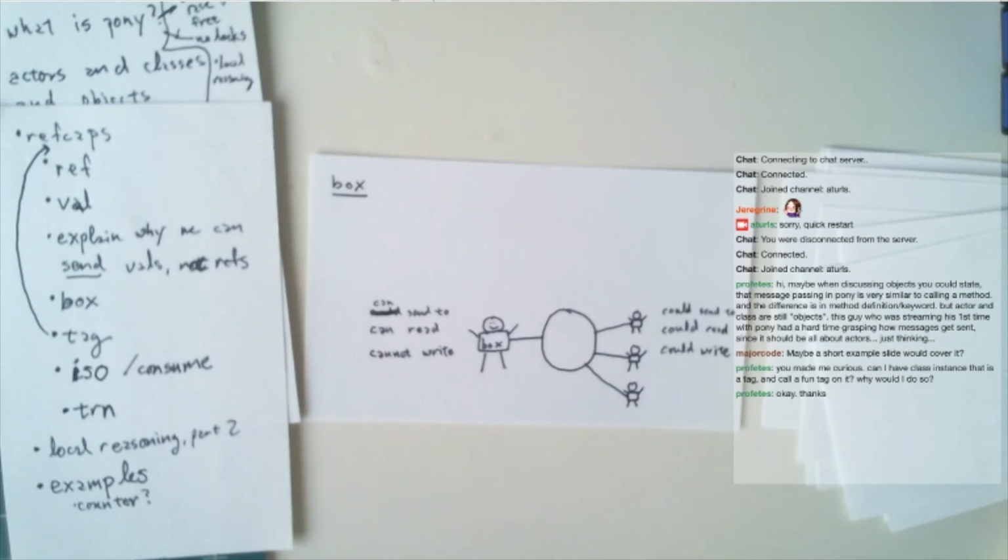If you need to write, then you basically have to pass a ref or an iso or a trn, which we'll talk about in a minute. But if you just need to read, then you can use a box.